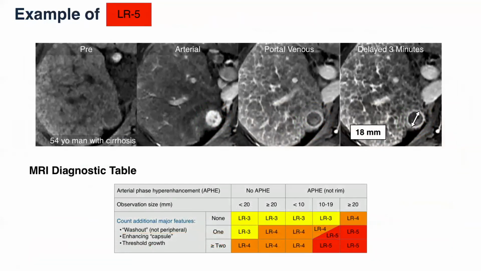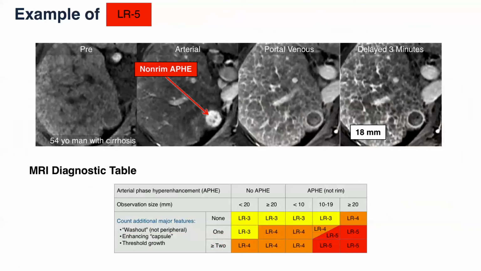We like to measure observations on the portal venous or delayed phase if they are visible on the portal venous or delayed phase. We try not to measure observations on the arterial phase unless the observations are visible only in the arterial phase. We measure from outer edge to outer edge. This observation is 18 millimeters.